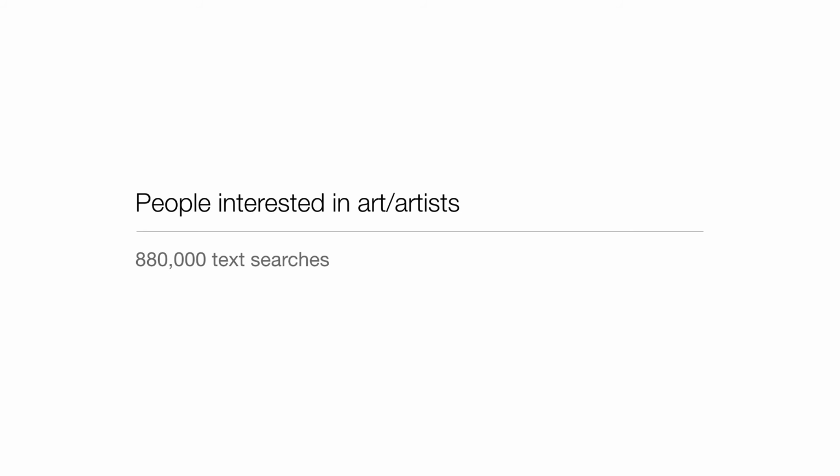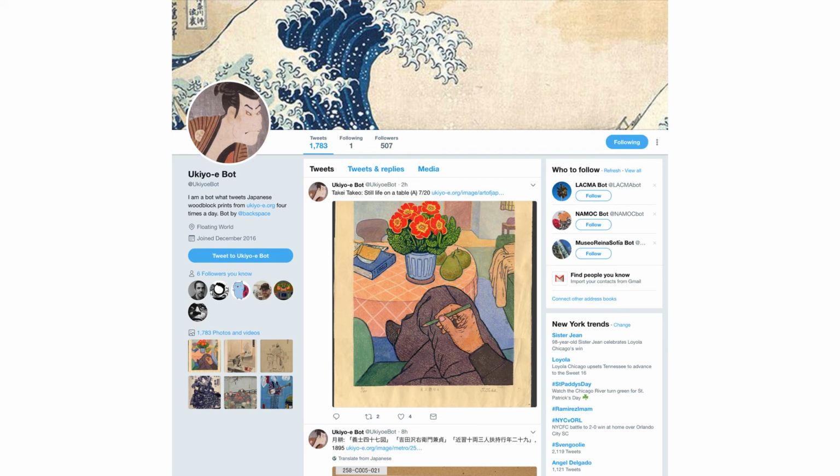One of the things I've been doing lately is some additional outreach to people who may only be casually interested in Japanese art, or in Japanese prints in particular. There is this Twitter account that a friend of mine made, and I've worked with him on this.